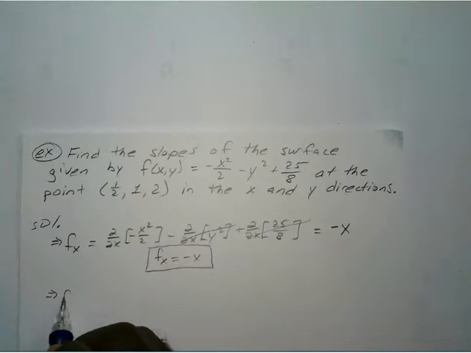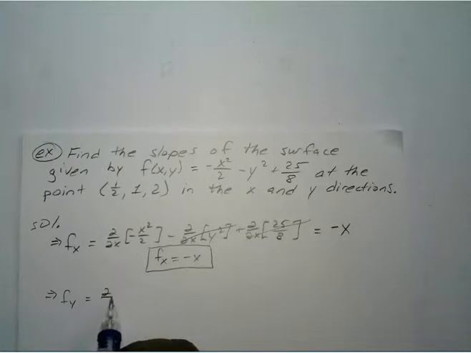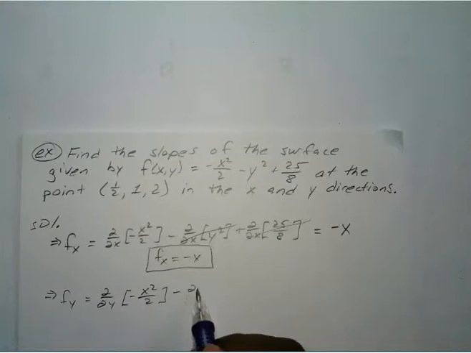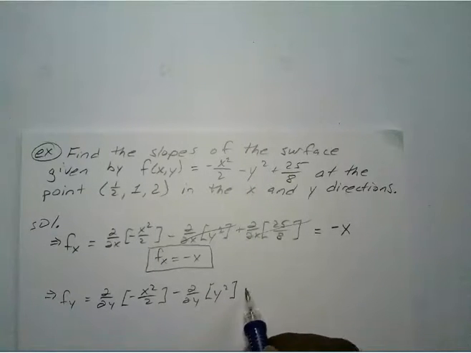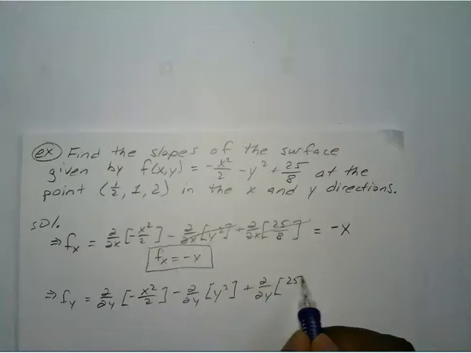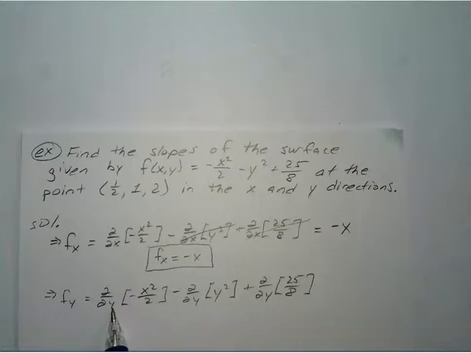Now for our second partial with respect to y, that's just the partial with respect to y of negative x squared over 2 minus the partial with respect to y of y squared plus the partial with respect to y of 25 over 8. Okay, again, this is with respect to y.